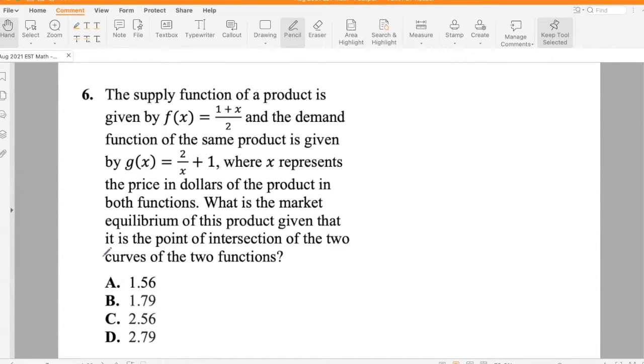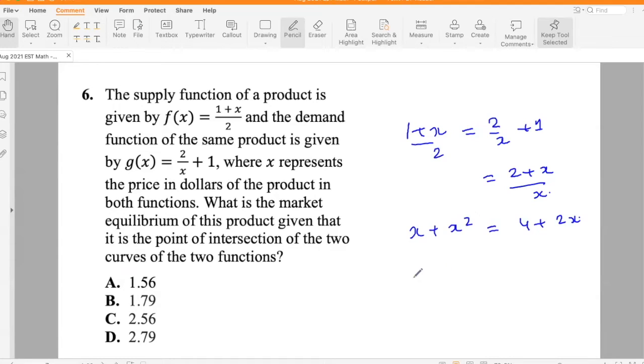Okay, so that would be 1 plus x/2 is 2/(x+1). So that's (2 plus x)/2 times (x+1) equals 2. So x plus x squared is 4 plus 2x. So x squared minus x minus 4 is 0.